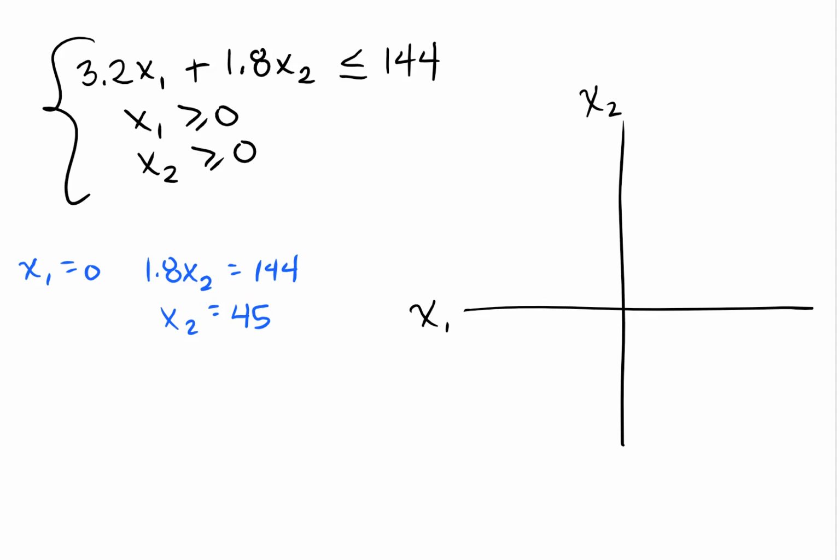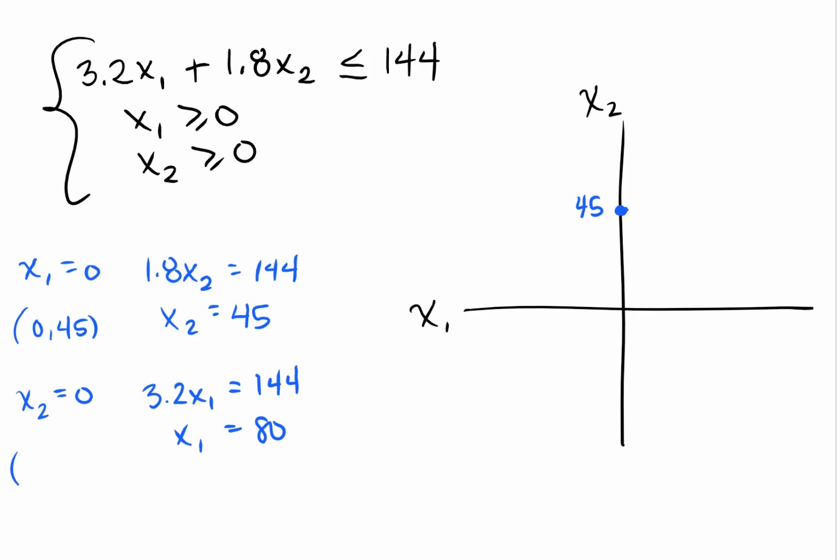So we have one point at 0, 45. Our second point: if x2 is equal to 0, then we'll have 3.2 times x1 equals 144. And so x1 would be 144 divided by 3.2, and that should be 80.